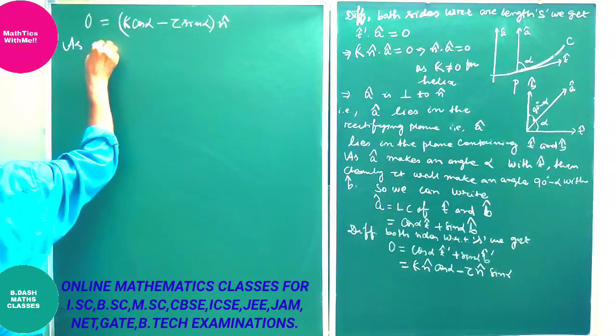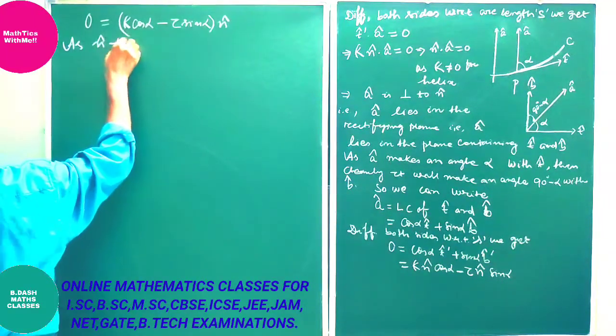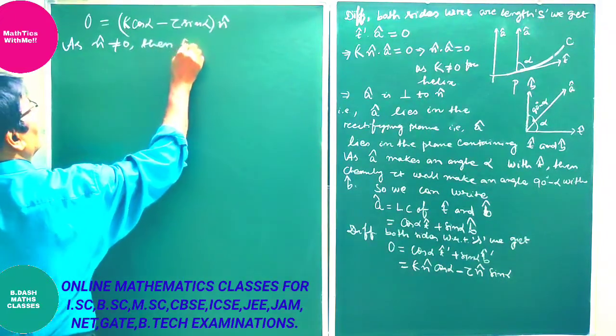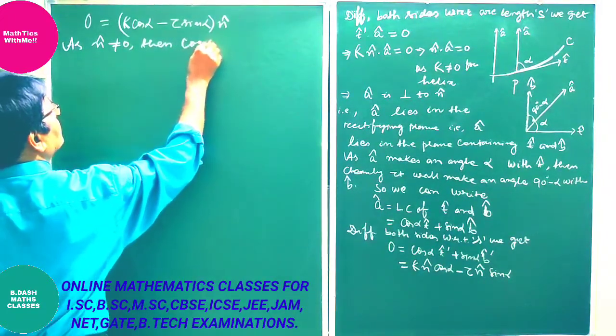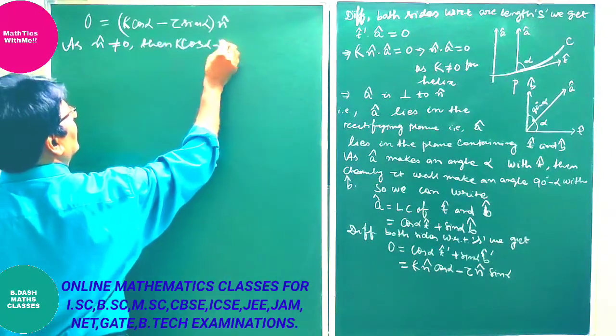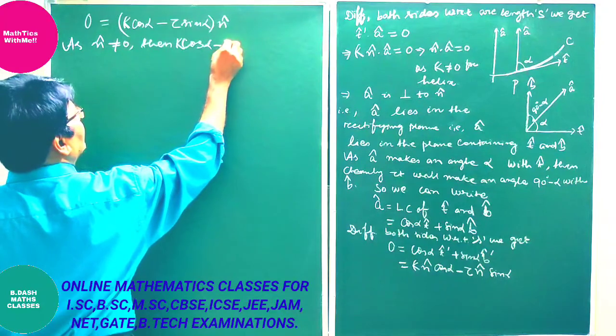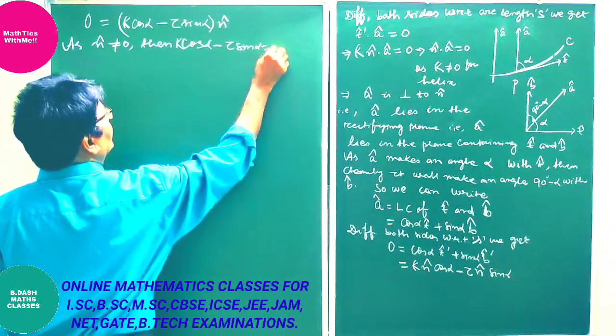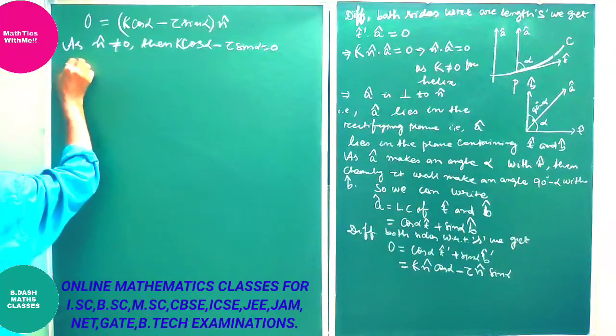As n cap is not equal to 0, then kappa cos alpha minus tau sin alpha is equal to 0.